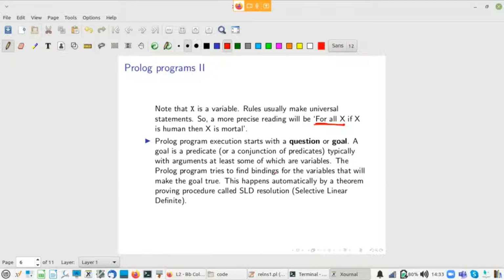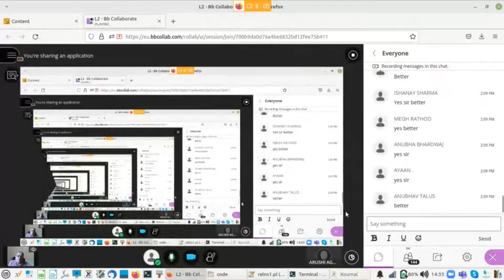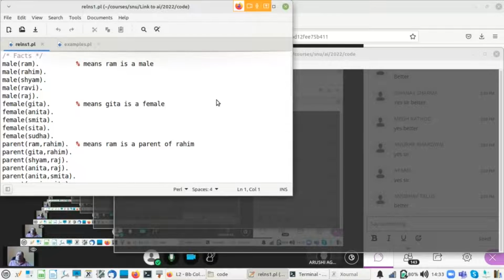Okay, so at this point, let us switch to actual examples. I have a Prolog program here.